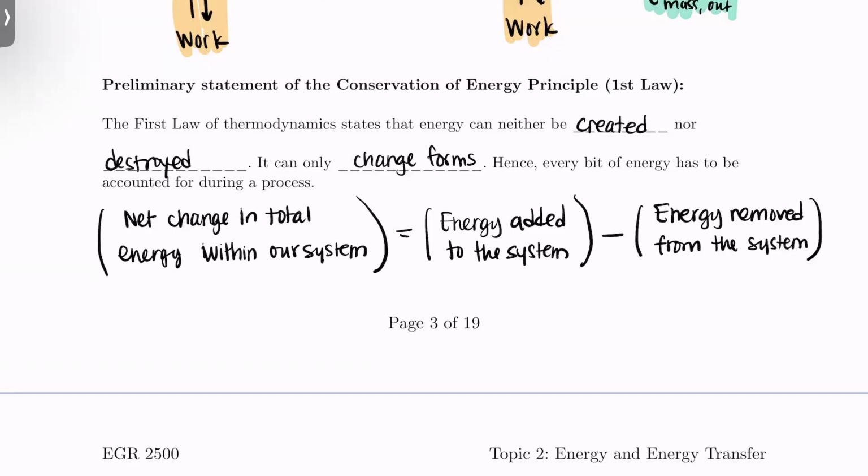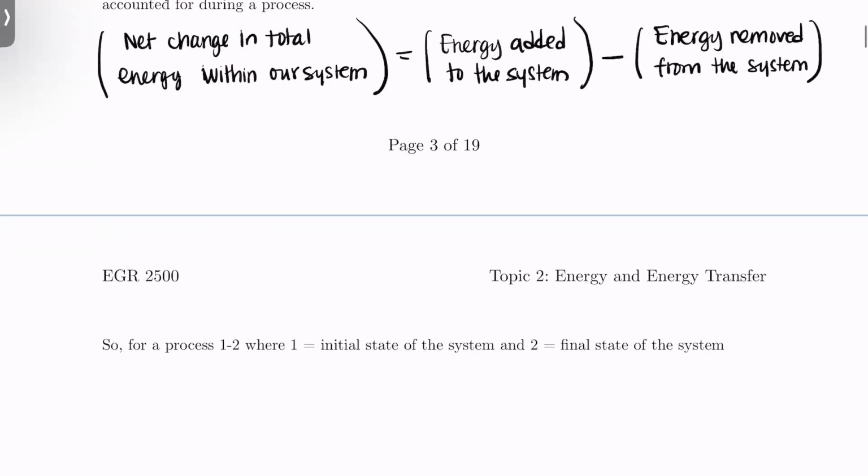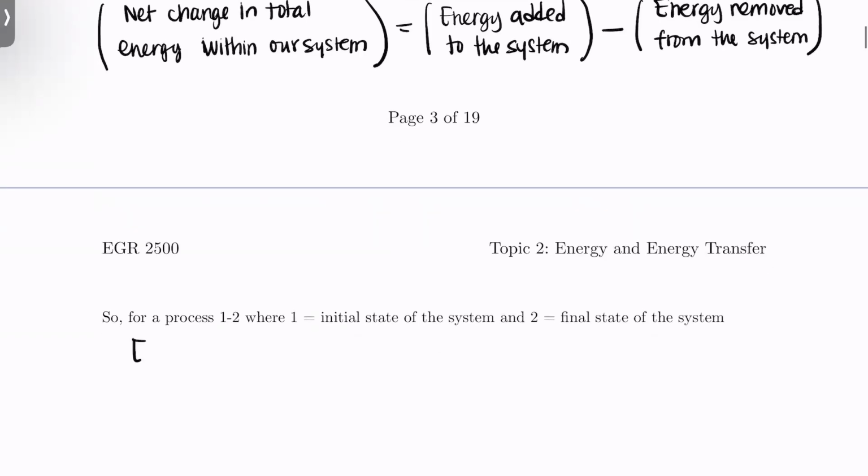All right, so if we have a process that goes from an initial state that we call 1 to a final state that we're going to call 2, we can write the following expression. So we can say E2 minus E1 is equal to E in minus E out.